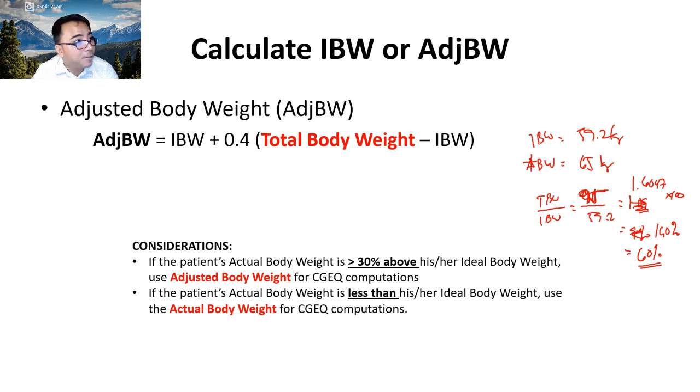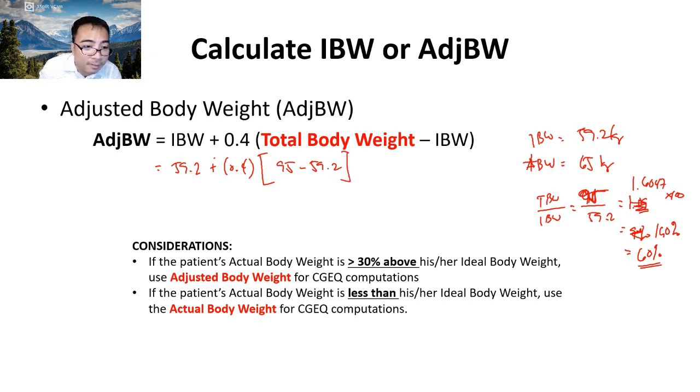So, when computing for adjusted body weight, class, is just simply IBW. So, that's my ideal body weight 59.2 plus 0.4 times total body weight, which would be 95 minus 59.2. Kunwari lang naman kasi yung 95 na yan, ha?